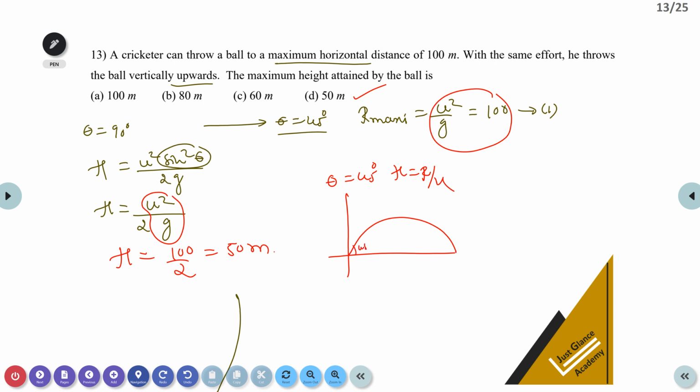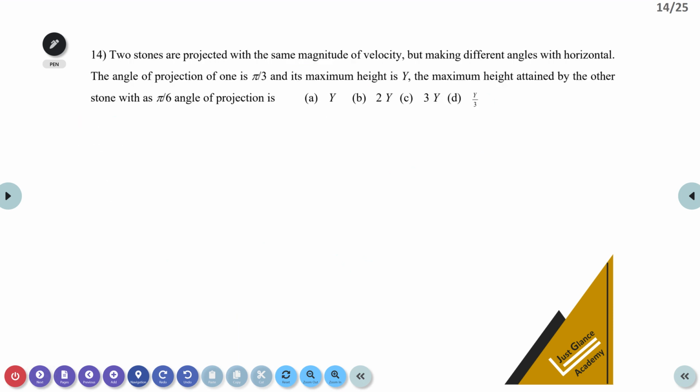This is 45 degree, so this is the range R, and this is the maximum height, for which it is R by 4. But now this problem is asking vertically upward at theta equal to 90 degree. Next. Wait, just a minute.